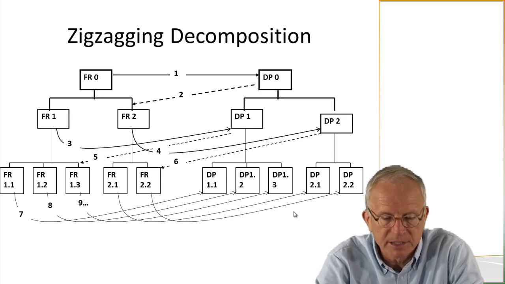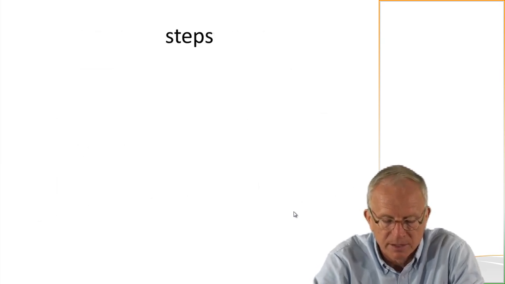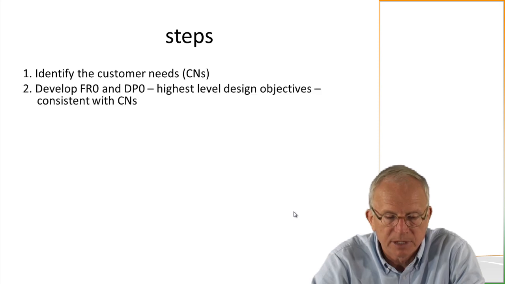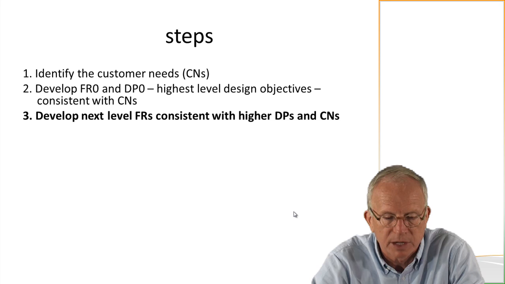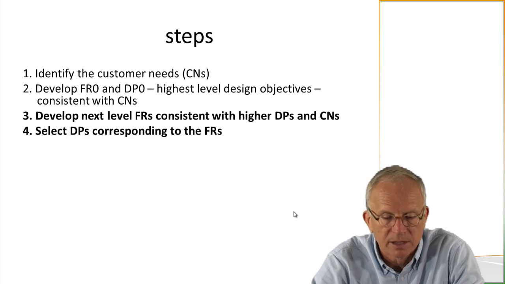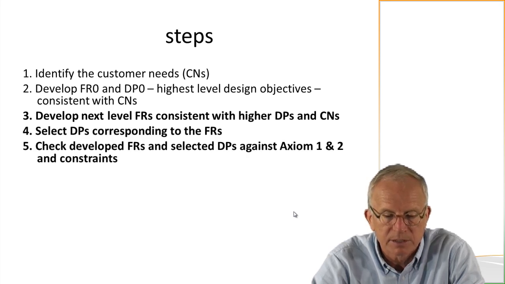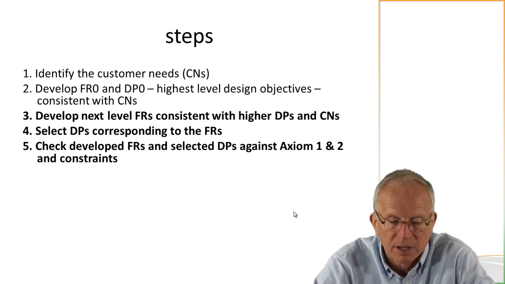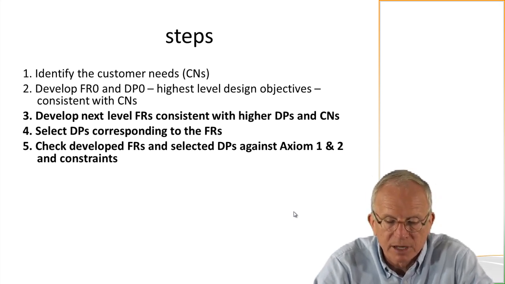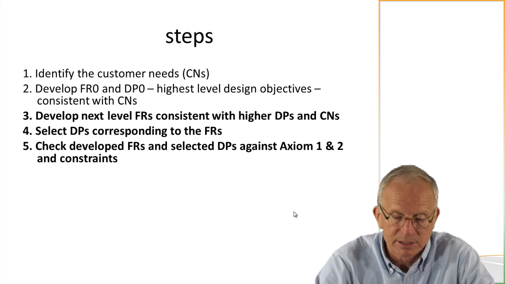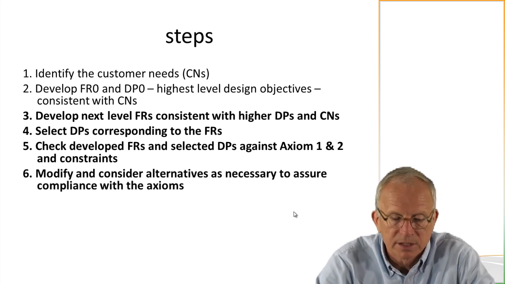All right, the zigzagging decomposition, we've seen that already. Here are some steps. Identify the customer needs, develop FR0 and DP0 consistent with the objectives and the customer needs. Develop the next level of the FRs with the higher DPs and the customer needs. Select the DPs corresponding to the FRs. Check developed FRs and selected DPs against Axiom 1 and Axiom 2 and the constraints.